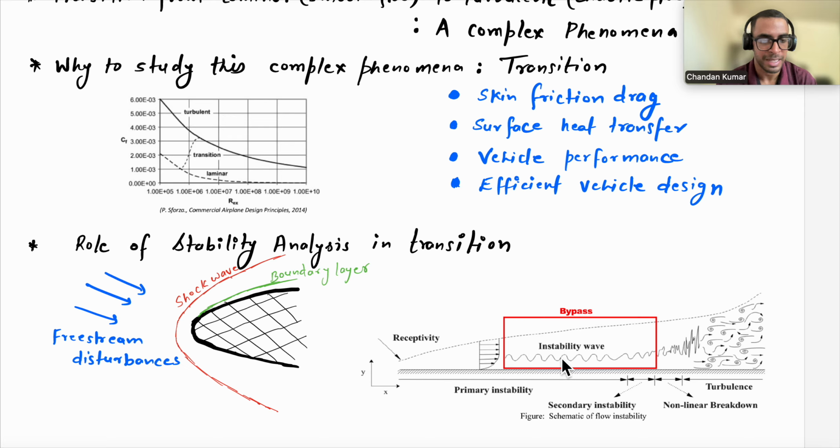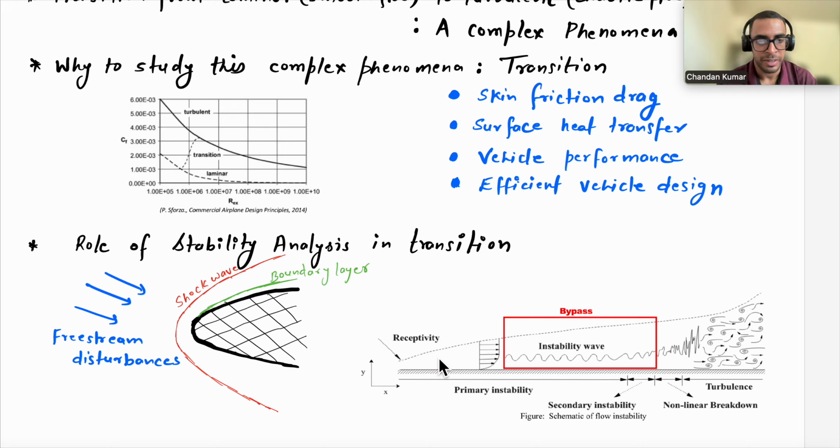Once it passes the primary instability, there is a secondary instability, where the multiple grown waves have a tendency to interact among themselves. And then there is a nonlinear breakdown, where multiple waves start to interact and the process becomes completely nonlinear. And then it goes to turbulence.